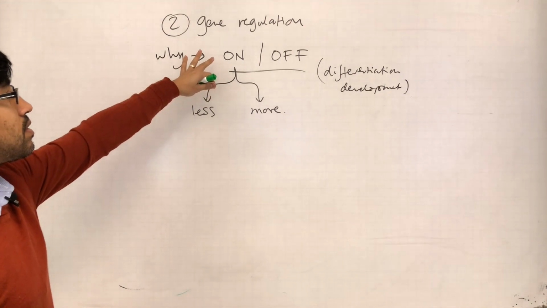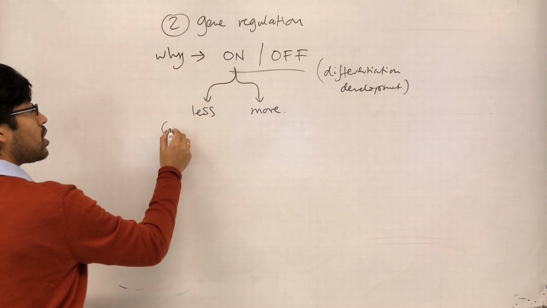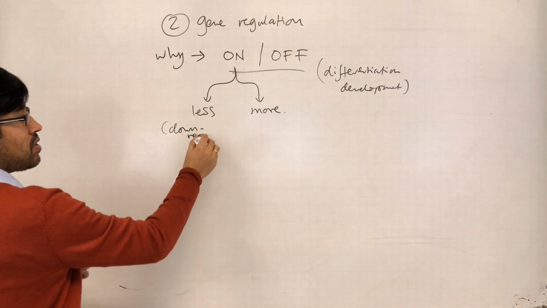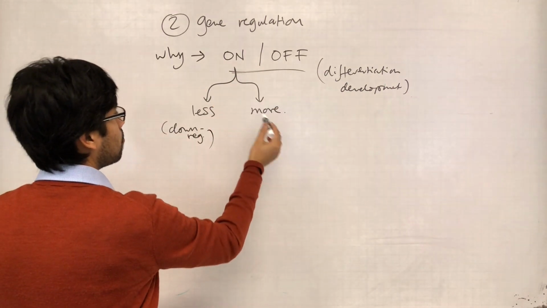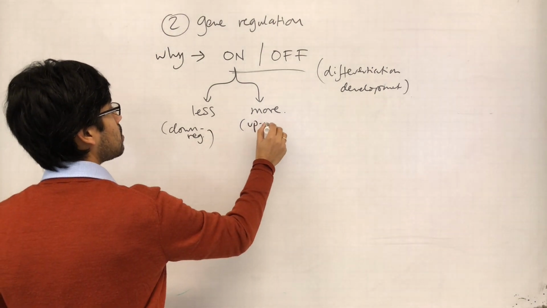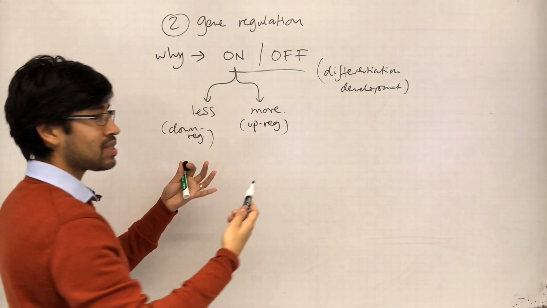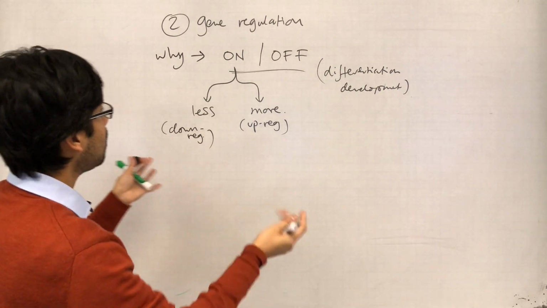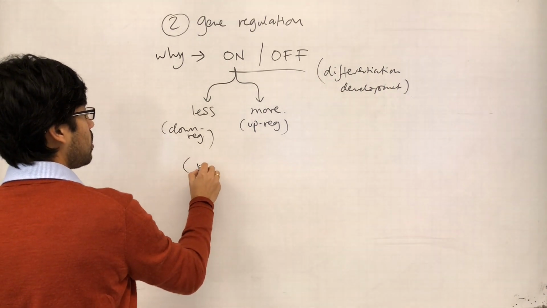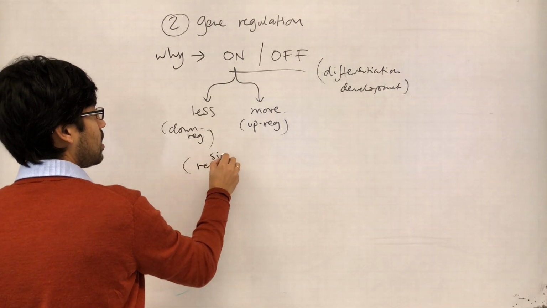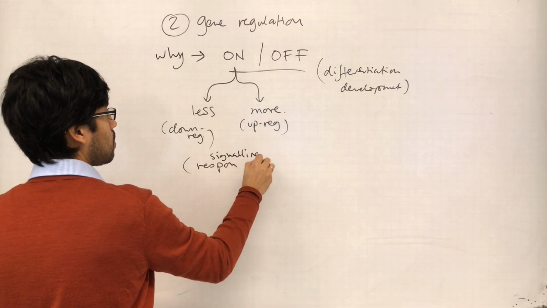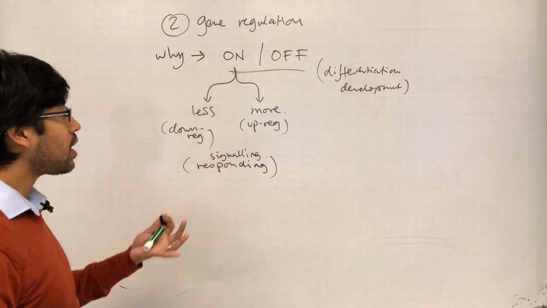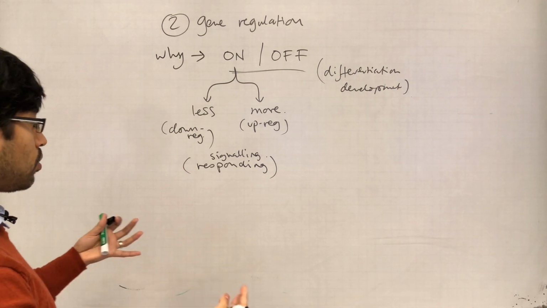So this less and more is what we call downregulation: something's expressed, but we just need less of it right now. And more is upregulation: it's expressed, but all of a sudden something's happened and we need more of it. This, I feel, has more to do with signaling and responding, as we've seen in other parts of the course.